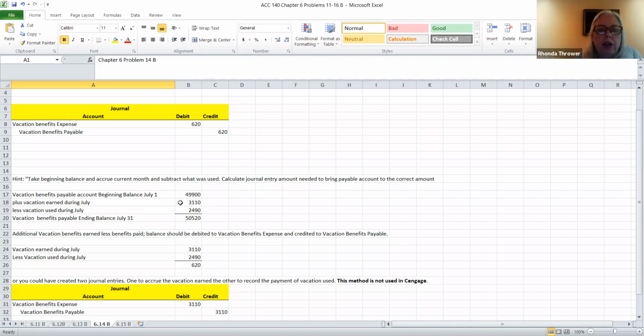Then you would add the vacation pay that was earned during July, and then you would subtract out what was paid out in July, less the vacation that was used during July, and that will leave you with the vacation benefits ending balance in July of $50,520. But in Cengage, they just wanted you to record this journal entry.